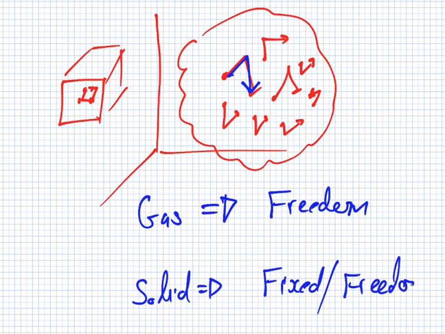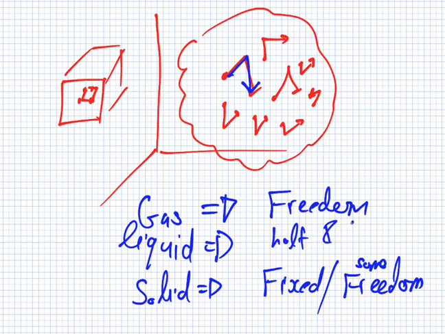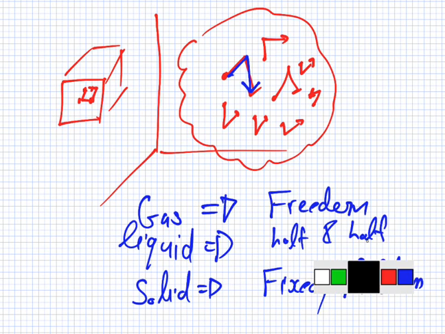And then what about a liquid? That's not very fixed, but it's not very free. It is in between the two. So about half and half. This is some freedom.